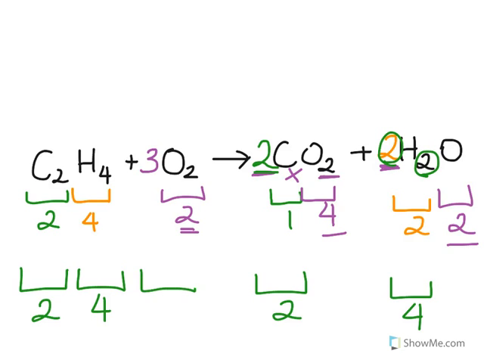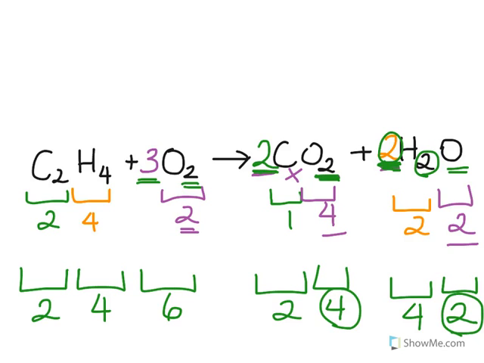Let's have a look at the oxygen. 3 times 2 gives me 6. And over here, 1 times the 2 again gives me 2. And over here, 2 times the 2 gives me 4. So when we add these together, gives me 6.